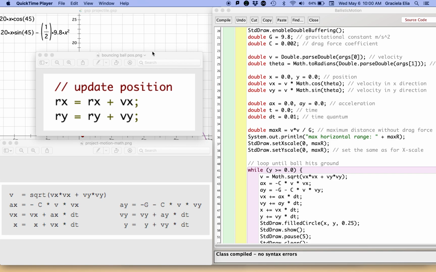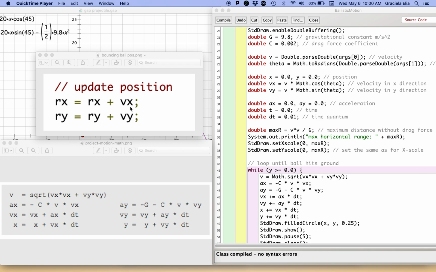There is some interest in understanding a little bit more of the calculations for the ballistic motion program that I had posted. I wanted to first start with the program that we did, the bouncing ball, in which the position of the ball was updated by just small increments, Vx and Vy.